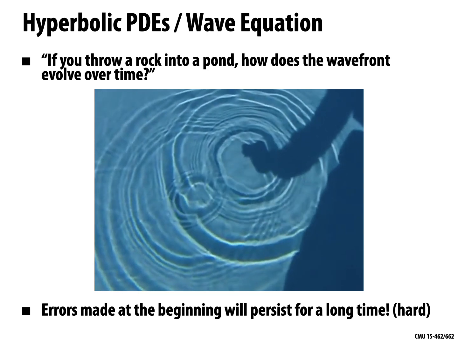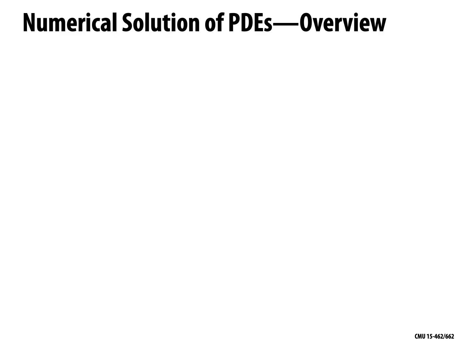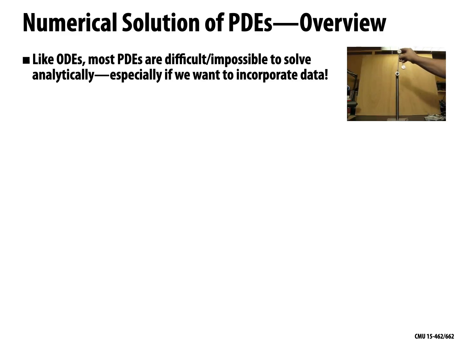Okay, so again, we said a couple times that PDEs really only give me an implicit description of the solution. They tell me what are some properties that the solution has to obey. But if we actually want to draw this on the screen, we want to make movies, we need to compute the function explicitly. So how do we do that? Okay, so like ordinary differential equations, most PDEs are impossible to solve analytically.